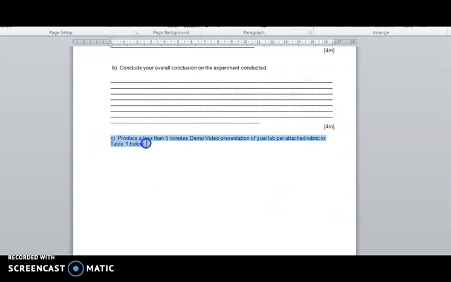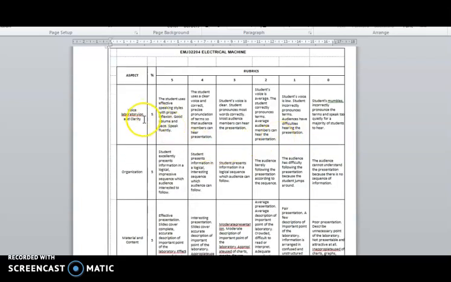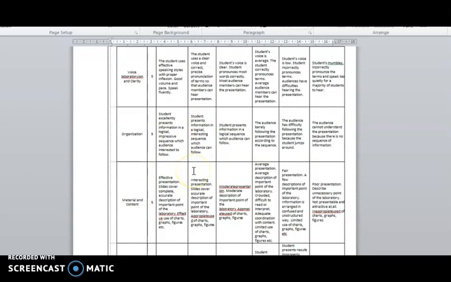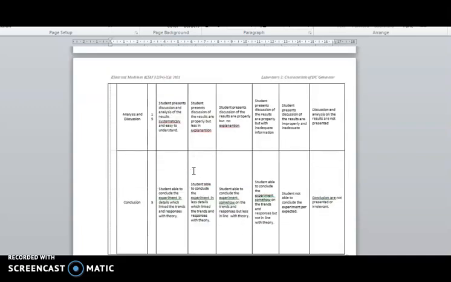Then this part is regarding your lab demo. So for this lab demo, produce a maximum of 5 minutes demo to show the overall of your lab per this rubric in terms of your organization, your procedure, your result, and your discussion, analysis.